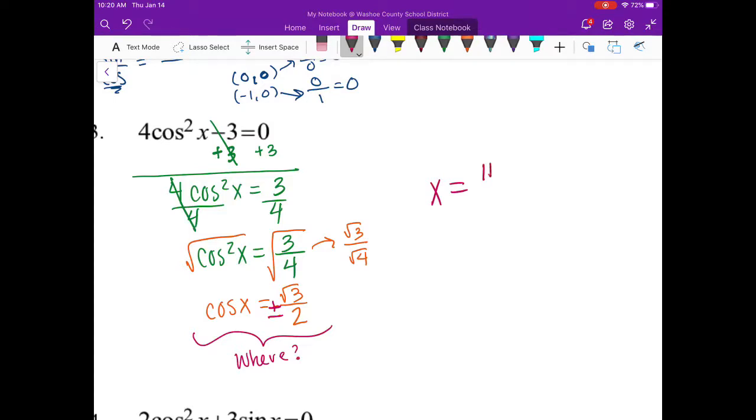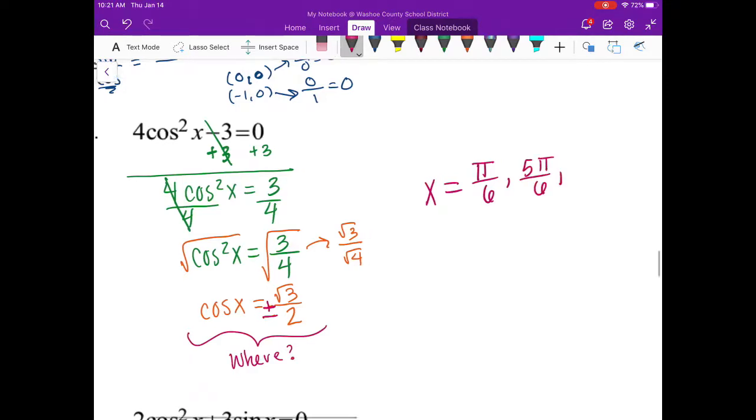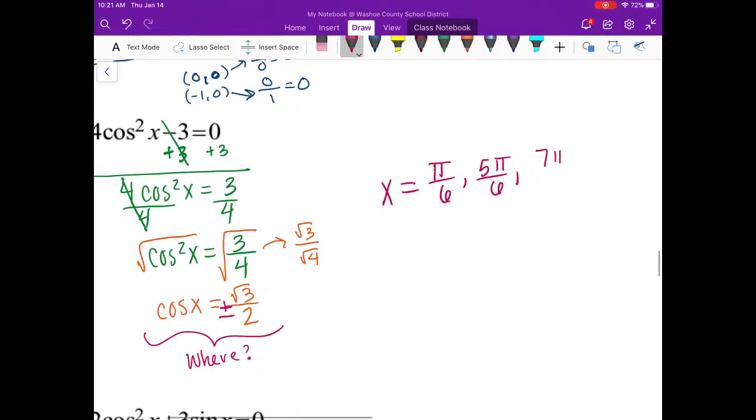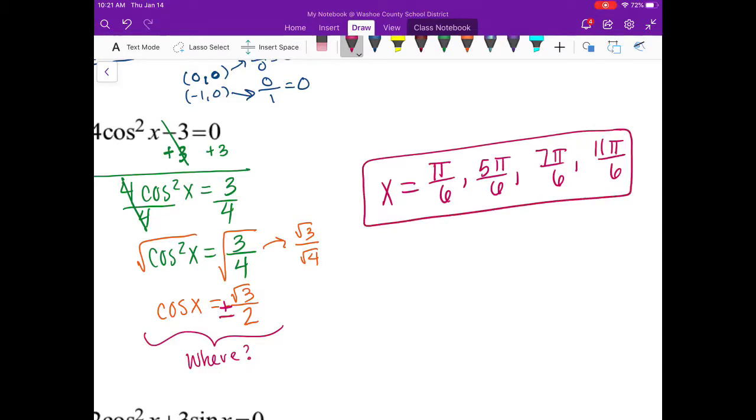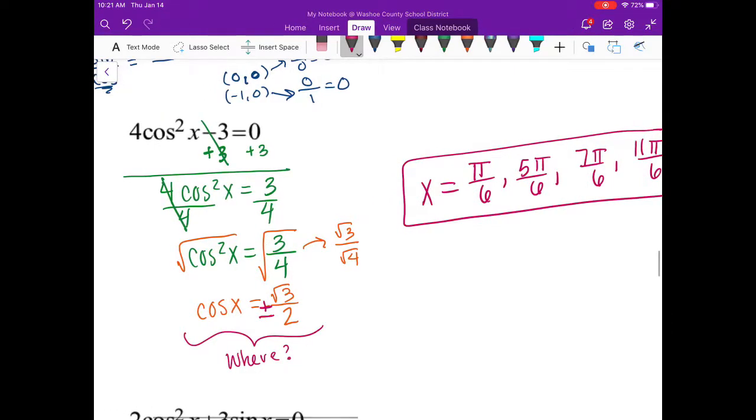So we have 1 in the first quadrant at pi over 6. We have 1 in the second quadrant at 5 pi over 6. We have 1 in the third quadrant at 7 pi over 6. And in the fourth quadrant at 11 pi over 6. And that would be my answer because, again, I was looking for all the positive and negative x values that would give me square root of 3 over 2 in my unit circle.